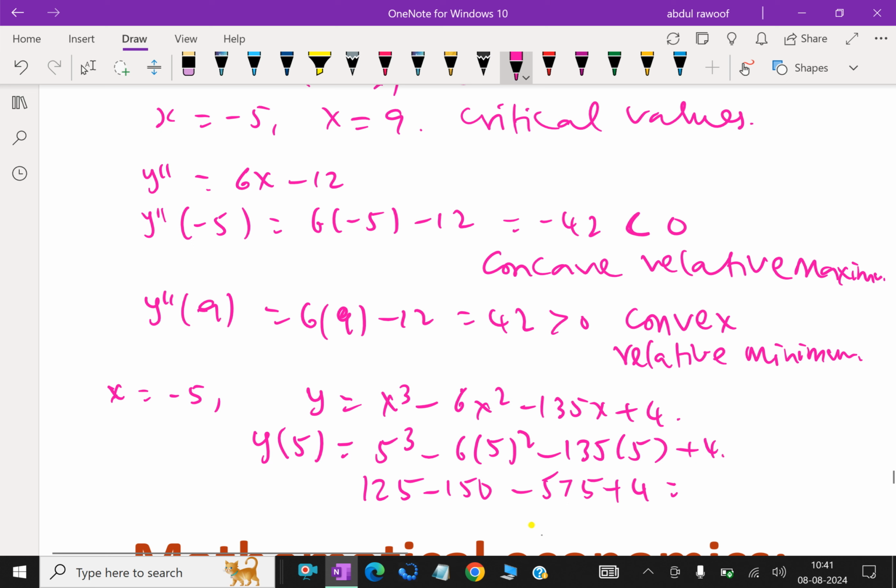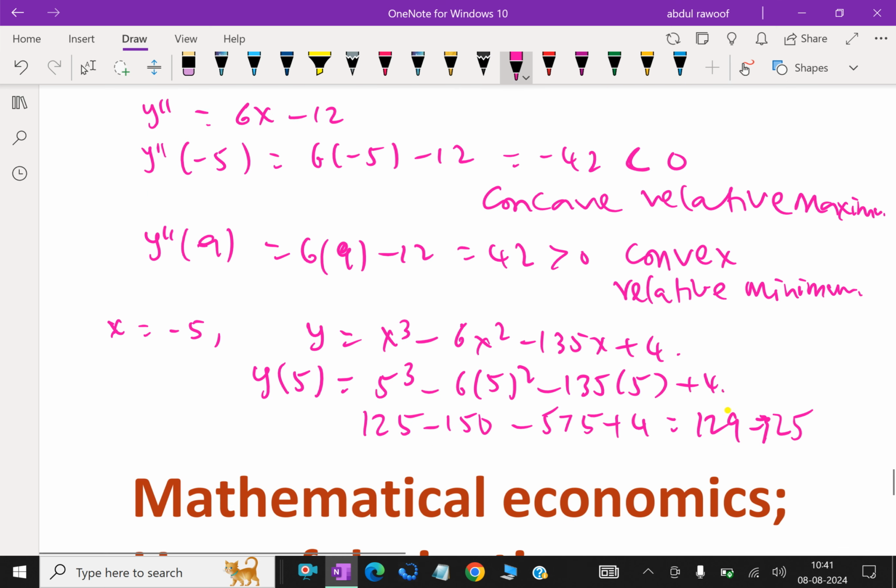Which is equal to: the positive value is 125 plus 4 is 129. The negative value is 150 plus 675.